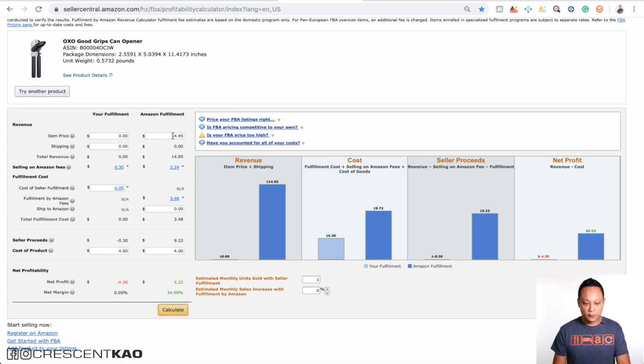Okay, so based on the $14.95 sale price, you can see the referral fee here, which is typically 15% of the sale price, is $2.24. And the fulfillment fee, which is based on the size and weight of the product, so it never changes, is going to be $3.48. So if you take that and subtract it from your sale price, and you subtract the $4 that the unit costs you, then you have a net profit of $5.23. Okay, so that's how you calculate your total revenue versus your net and gross profits.